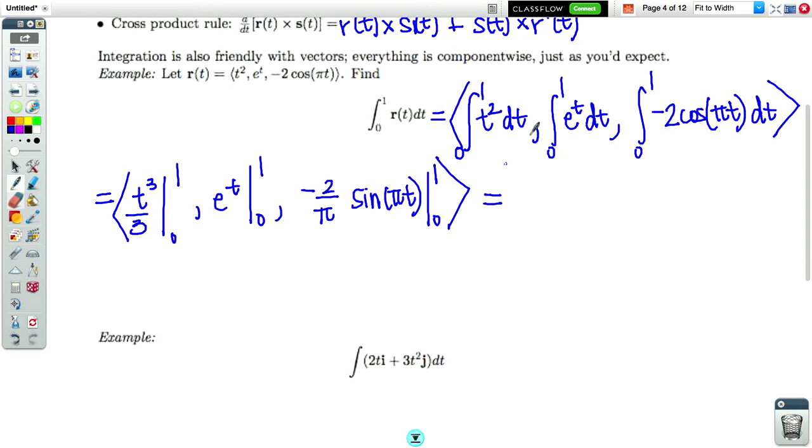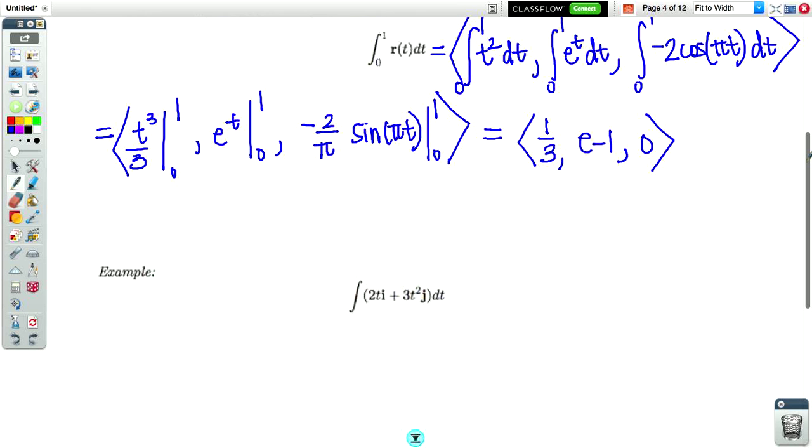And when you actually evaluate those, which if you want to pause the video now and evaluate them, you can do so, our answer is 1/3, and e minus 1 for our second component, and I believe the third component is just 0, but you should verify that.